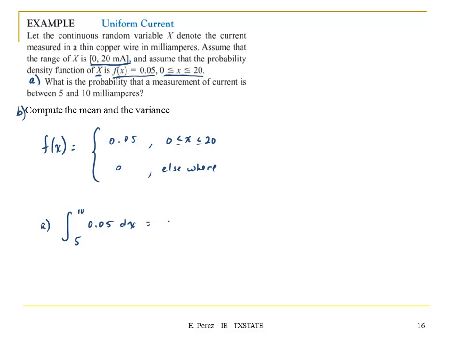And again, this is just 0.05x evaluated from 5 to 10. And this is equal to 0.25. So the probability that the measurement is between 5 and 10 is 0.25.